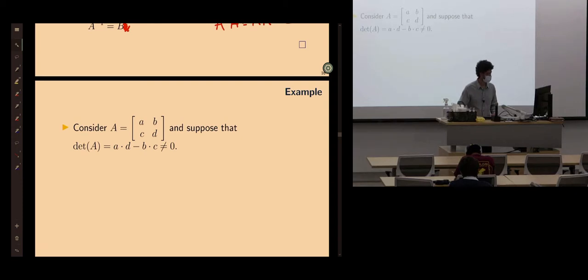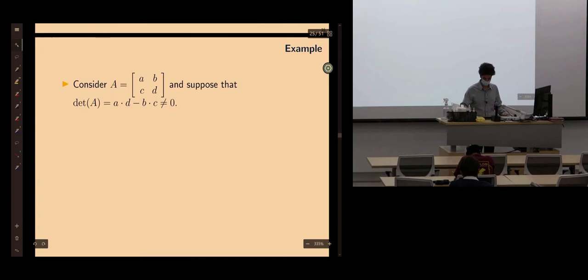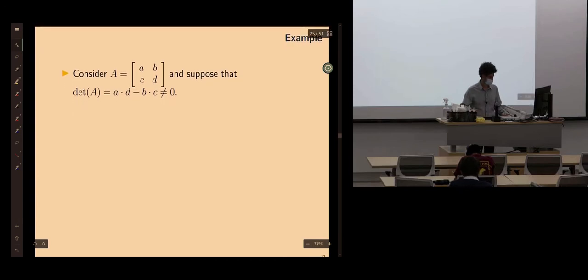There's a question on chat. Is there an example with matrices and numbers? I do have an example here. Let's see if that's what you mean. A 2 by 2 matrix. We know the determinant is A times D minus B times C. We don't want it to be 0.